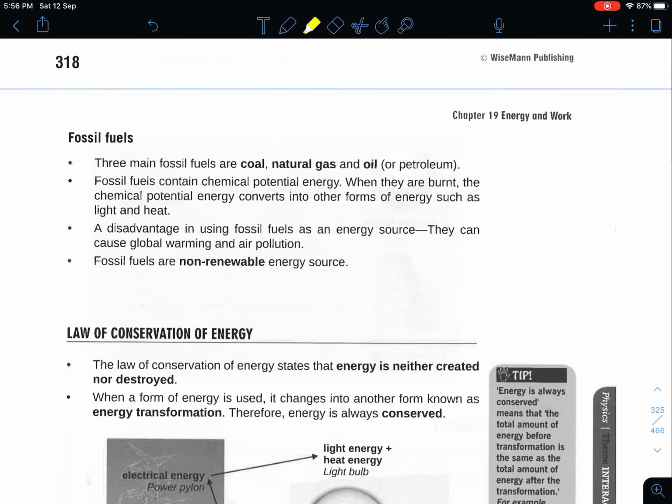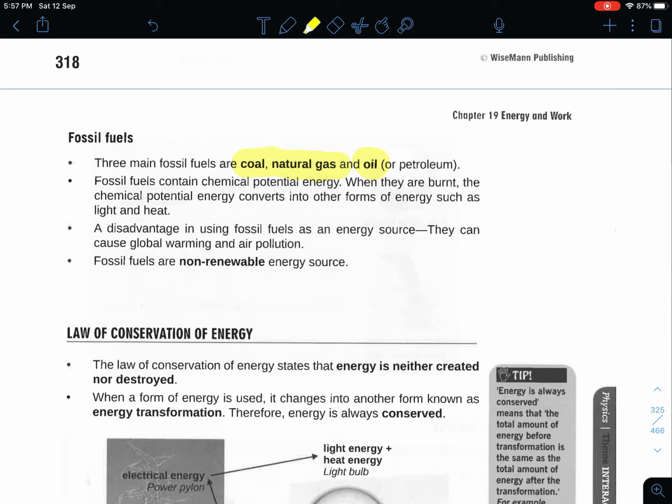Okay, next is fossil fuel. Fossil fuel has three main categories. They are coal, natural gas, and oil. Basically, all these three store quite a lot of chemical potential energy, in which when they are burned, they are able to convert from one form to another form. Some of these forms are, for example, light and heat.